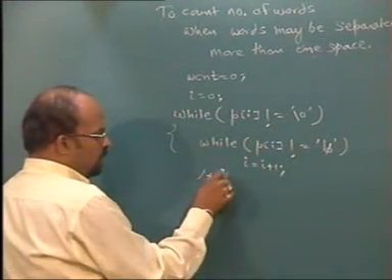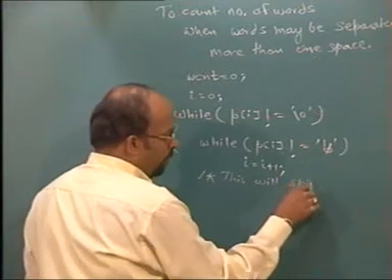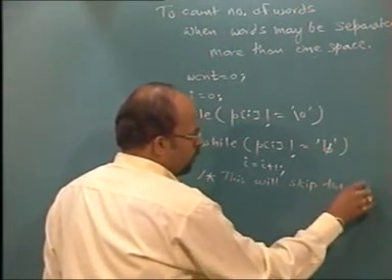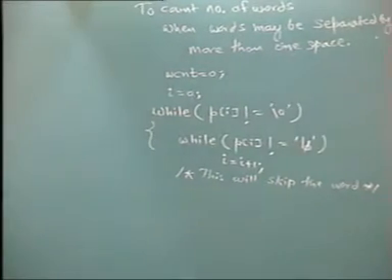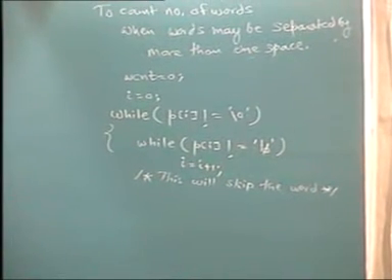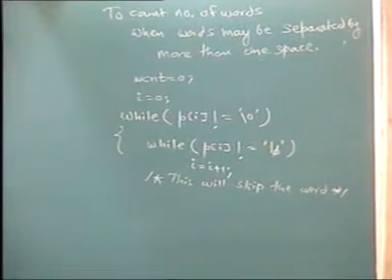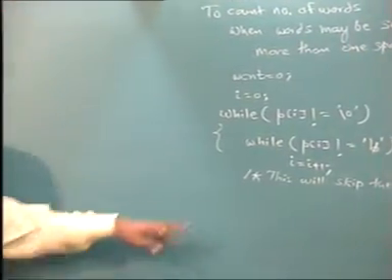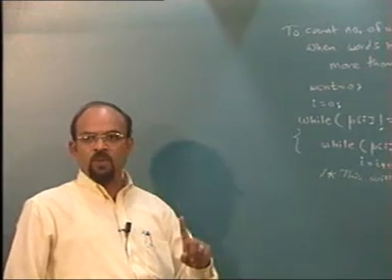This will skip the word. As long as you don't have a space, you are just moving ahead over that particular word. When you reach the space, this condition will become false. You are outside. What does it mean? One word is over. So increment the counter.